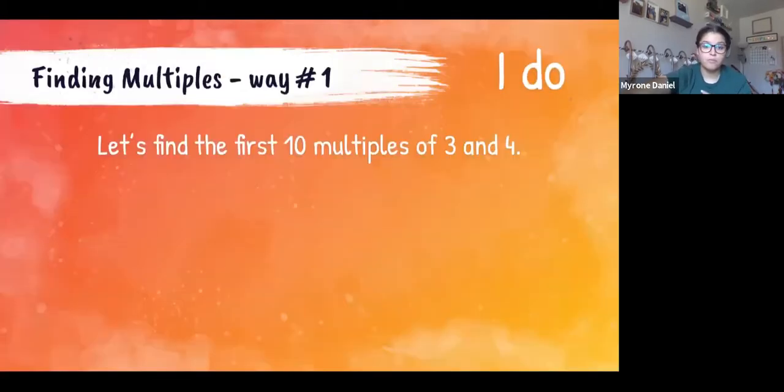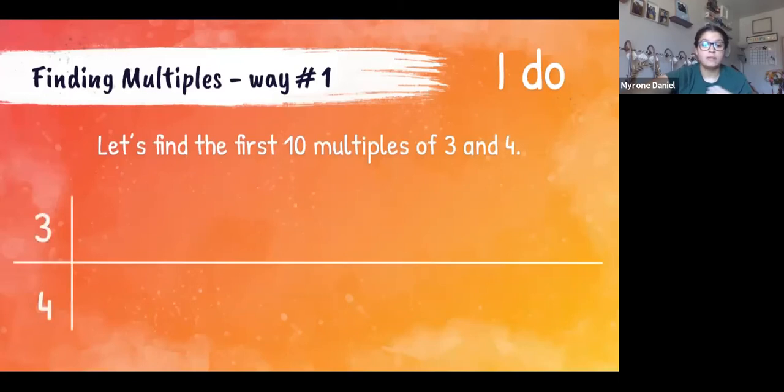So the first way that I'm going to do it is let's find the first 10 multiples of 3 and 4, and that's going to help us find our least common multiple. So I'm going to make a T-chart, and I'm going to list the first 10 multiples of 3 and 4.